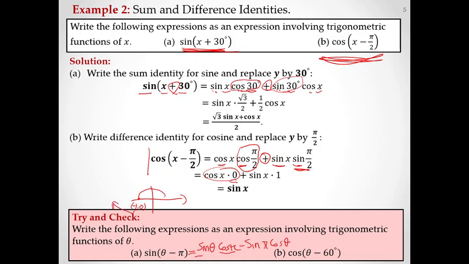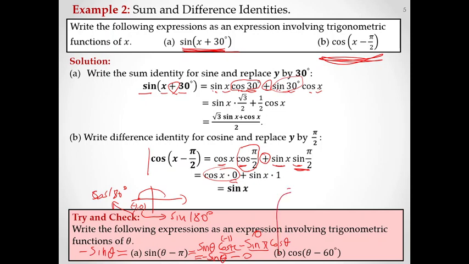So you say this is equal to minus sine theta, because this is minus 1, you see. And now sine pi is 0. So sine pi, sine 180 degrees, is 0. And this one is cosine 180 degrees. One of them is 0 and one of them is minus 1. So you will end up with negative sine theta.